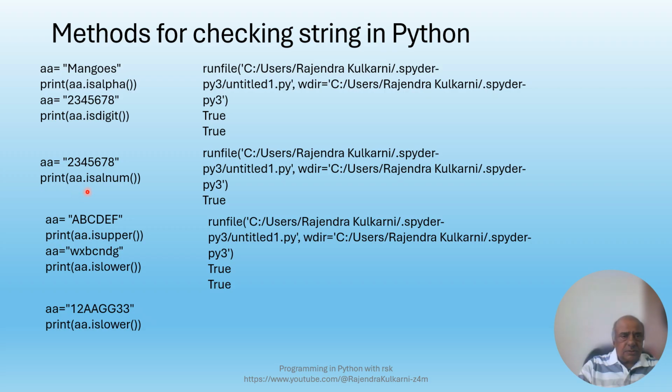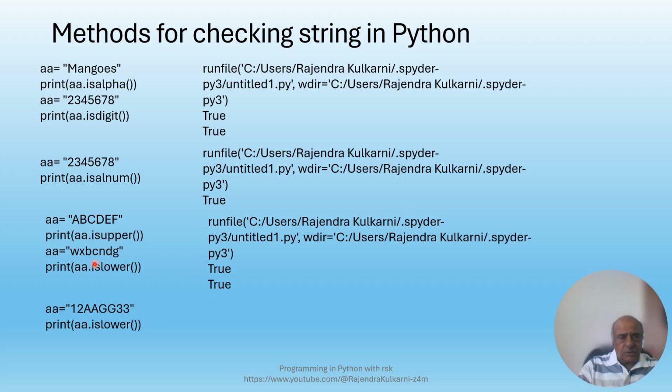Then another method, isalnum. In this case, isalnum is also true. For isupper, a is equal to ABCDEF in uppercase, so print a dot isupper returns true.